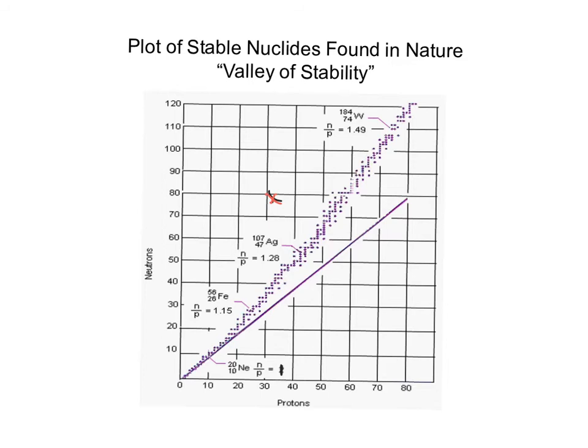The radioactive process is one in which beta electrons are given up, or alpha particles, or gamma, whatever, a process which brings it closer to the Valley of Stability. So the emission takes place, and the new isotope is created, and the new isotope will be closer to the Valley of Stability than the one it started with.